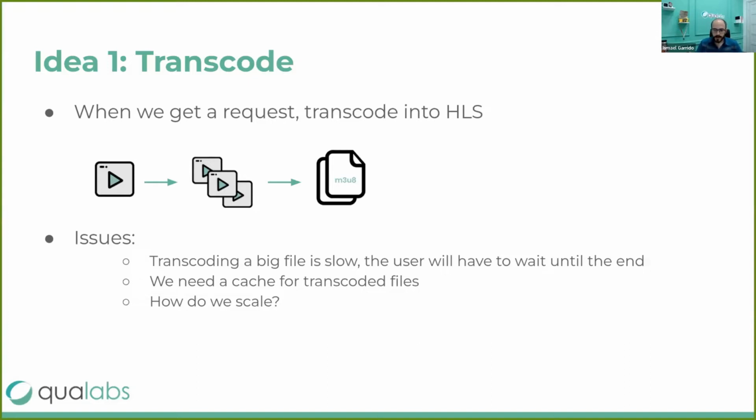What issues does this design face? First, transcoding is slow. On my laptop, for instance, it does about 2 to 8 times real time into the lowest quality possible. So depending on the input file, which codec it has, and what output quality you want, if we have a 2-hour movie, it will take at least 15 minutes to be ready.